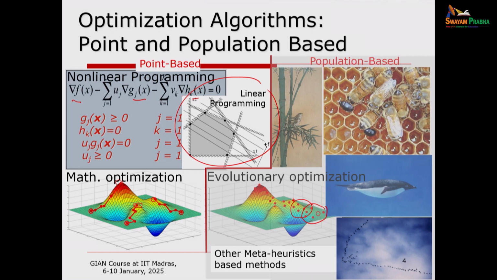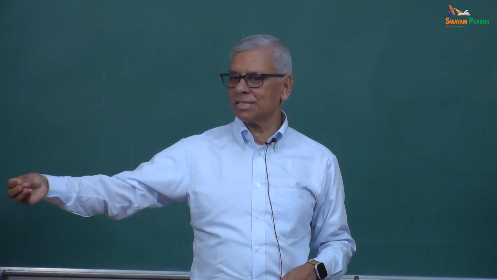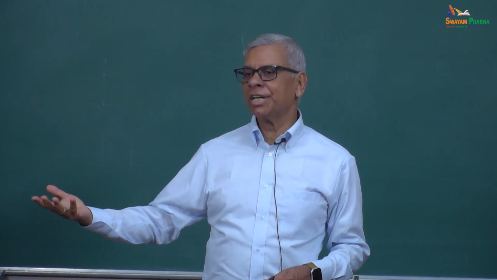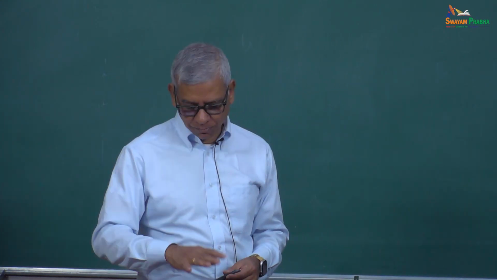If you are stuck here, all your points are converging here. It's a matter of finding a point that is better than this in terms of objective, then everything will move there. And since it's a population, you could do a lot of things. You could do something to this point, something to another point, and you can be your own creator of the algorithm, right? So we'll talk about all that.